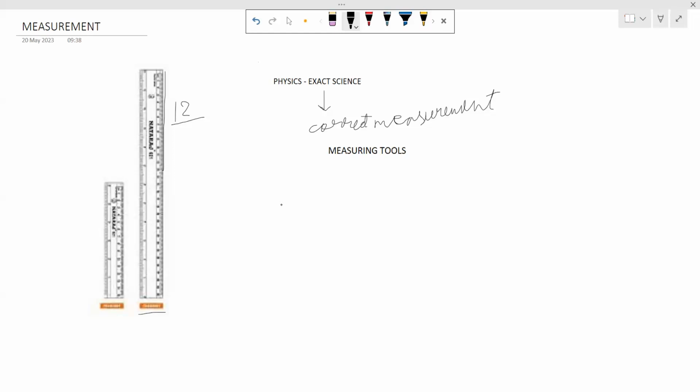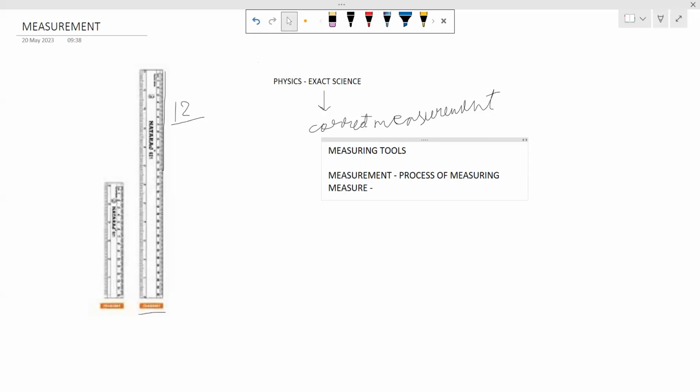So what is measurement? The definition we have read in class 6, again we will read in class 7. What is measurement? Measurement means the process of measuring. The process of measuring is called measurement. And what is measuring?